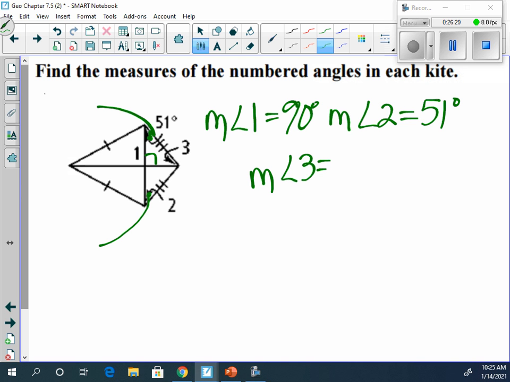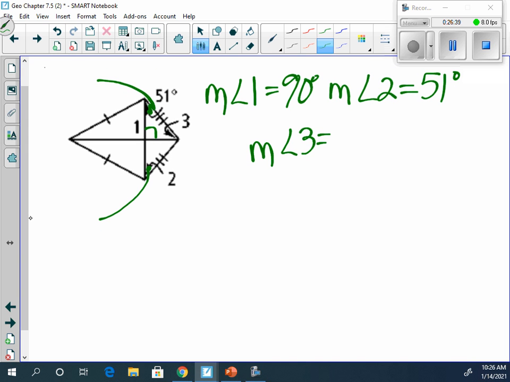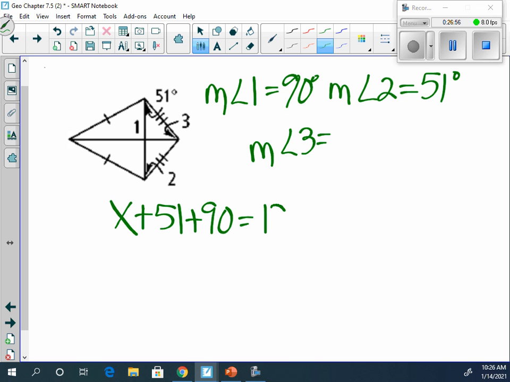So that leaves us with finding the measure of angle 3. If I want to find the measure of angle 3, what can we do? We can call the measure of angle 3 x. So we'd have x plus what is equal to 180.